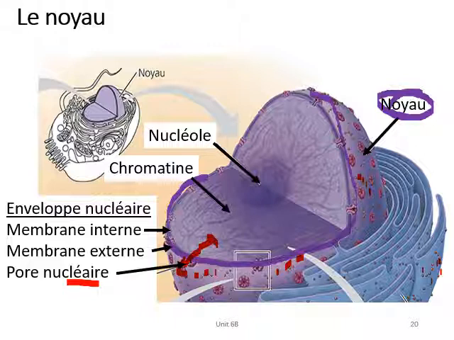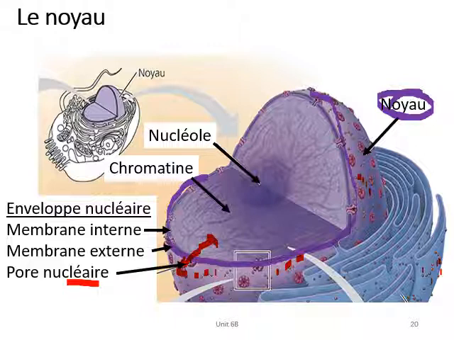Inside the nucleus is this thing called the nucleolus. This is where ribosomal RNA is made. We'll talk about RNA and DNA replication in future lectures.